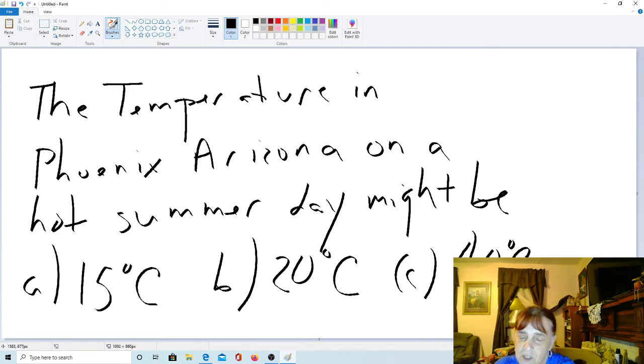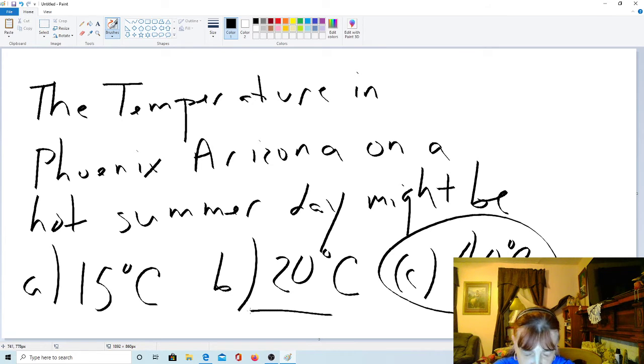I would say 40 degrees Celsius because 20 is cool or room temperature, that's just warm. 15 is going to be cold. 40 is going to be hot. And it's going to be hot in Phoenix, Arizona on a hot summer day.